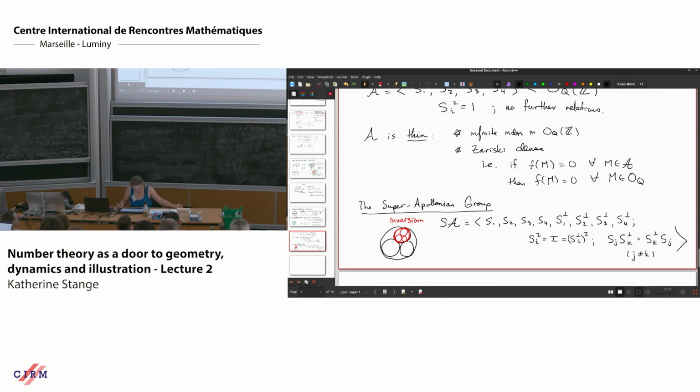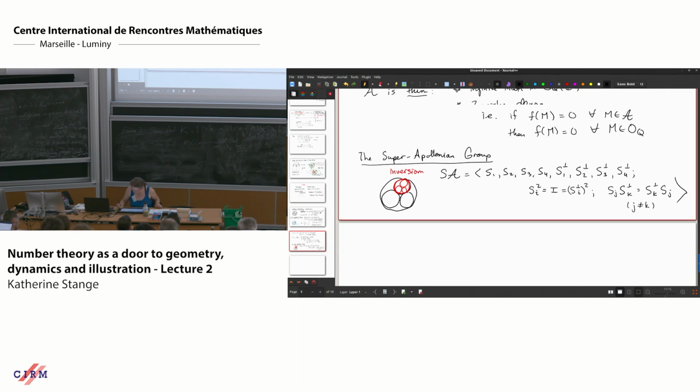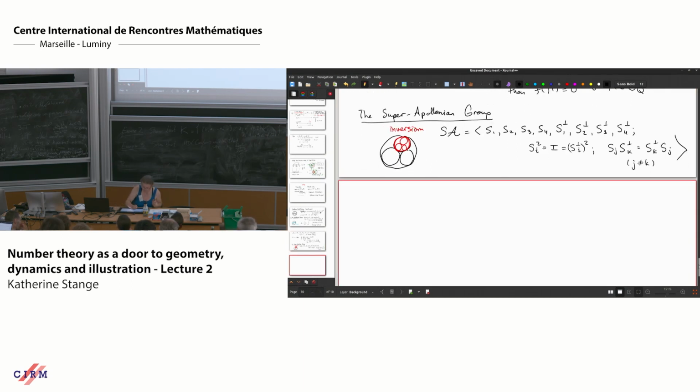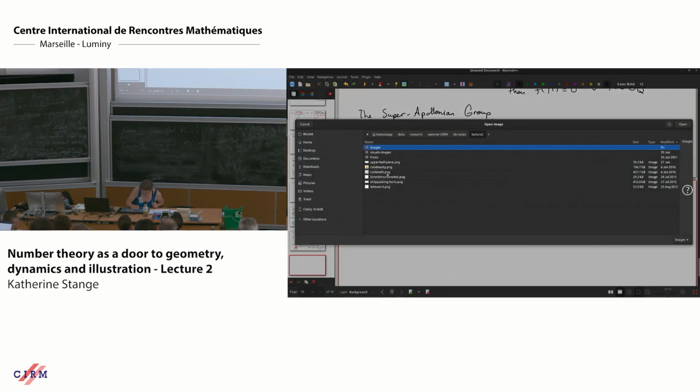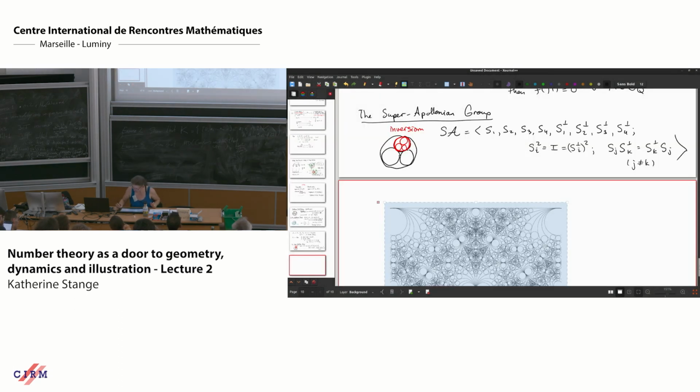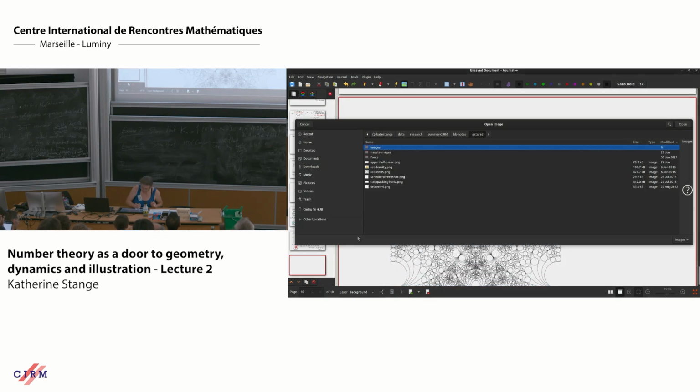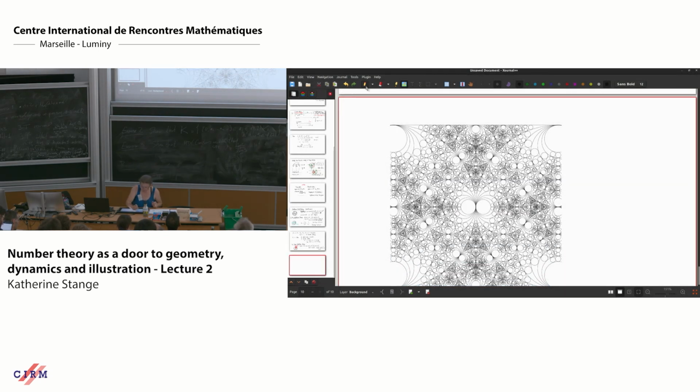And so let me show you a picture again of the Schmidt arrangement, but generated with the super Apollonian group. So this one. This is the length 5 words in those generators. So this gives you a bit of a sense of generating the group from those generators, what the Cayley graph might look like.